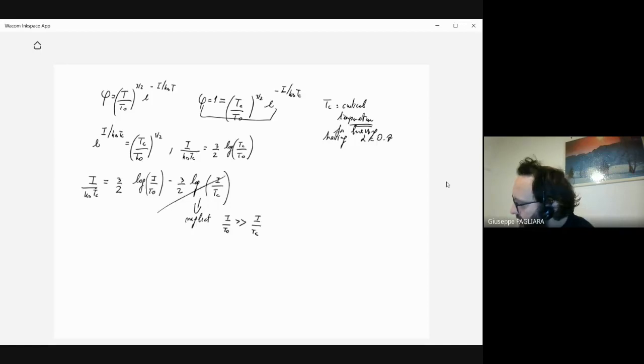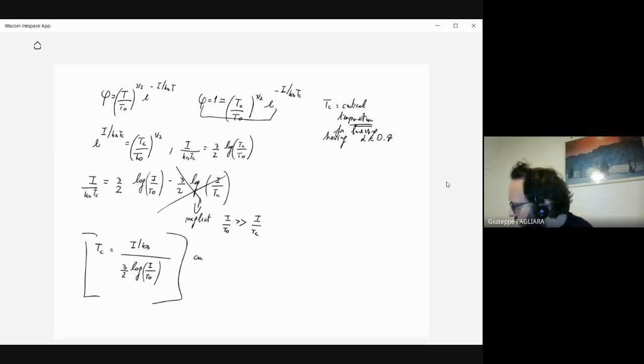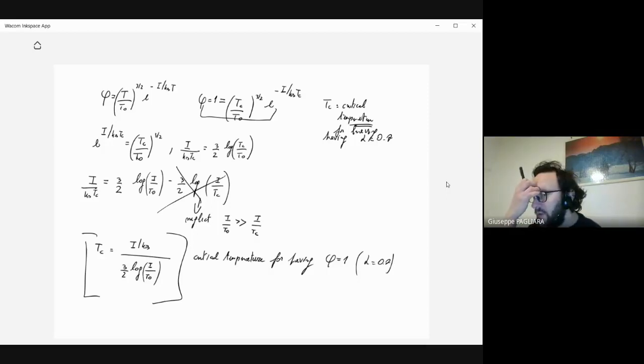So if you neglect this, then you get that Tc is equal to I divided by Kb divided by 3 halves the logarithm of I divided by T0. Okay? So this is the critical temperature for having phi equal 1, which was also alpha, degree of ionization equal to 70%.